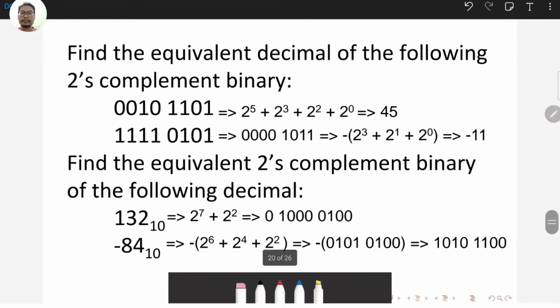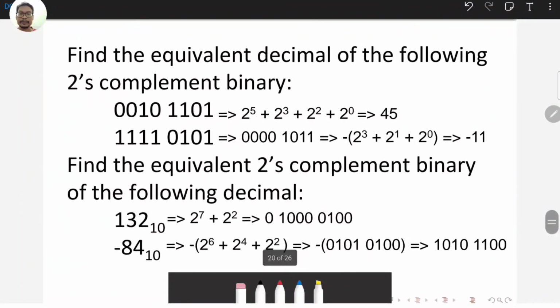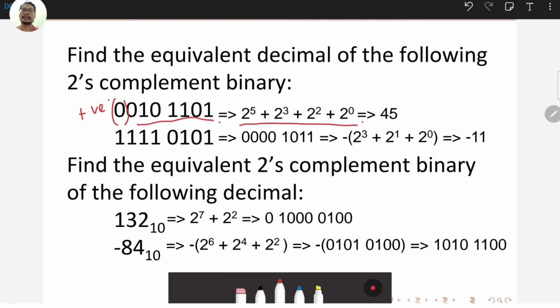Okay, let's look at more examples for the 2's complement, since it's the most important one. Here we see that it's a 0 in the MSB, so it's a positive number, which is quite straightforward. We can just calculate straight away our binary to decimal conversion. But here we have a negative number, which is a little bit tricky.